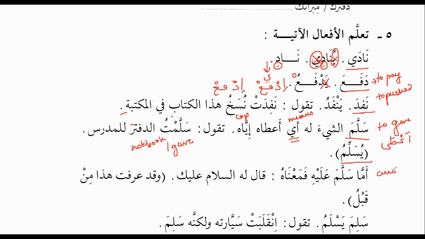Another meaning of sallama is to give salam. أما سلم عليه فمعناه قال له السلام عليك, to give Islamic greetings. وقد عرفت هذا من قبل. So you know this from before, that sallama means to give salam, to greet. But here you came to know a new meaning of sallama, which is to give.